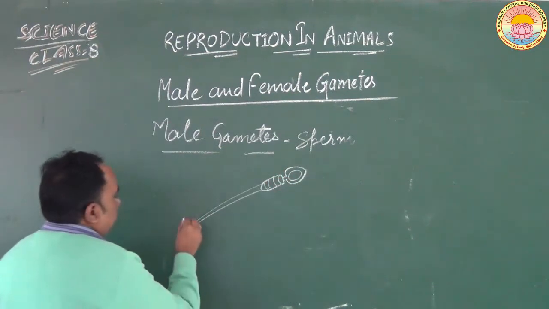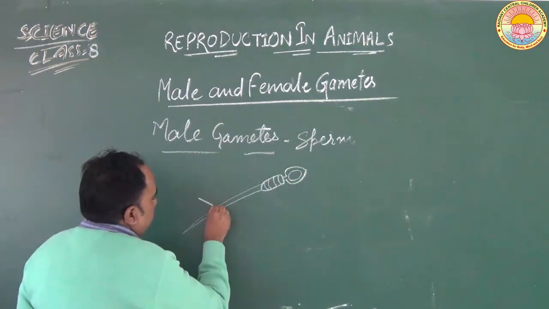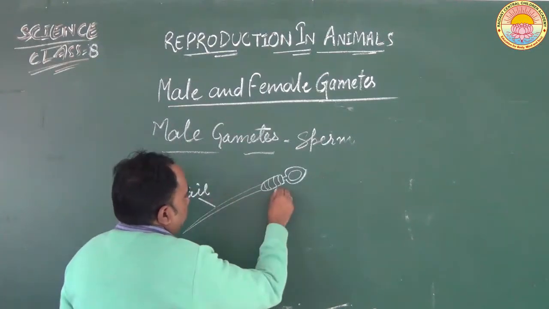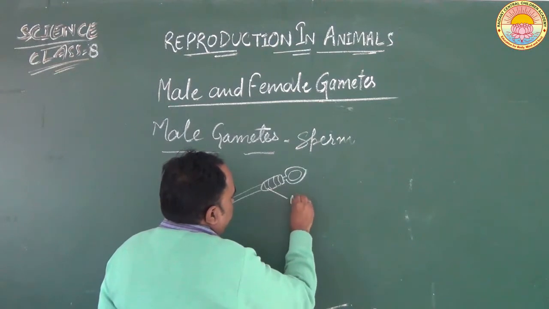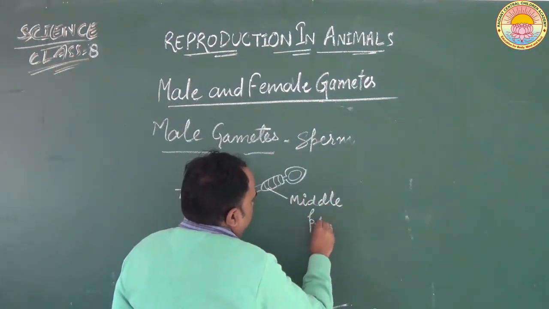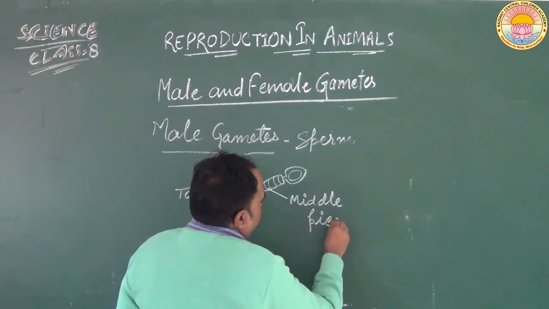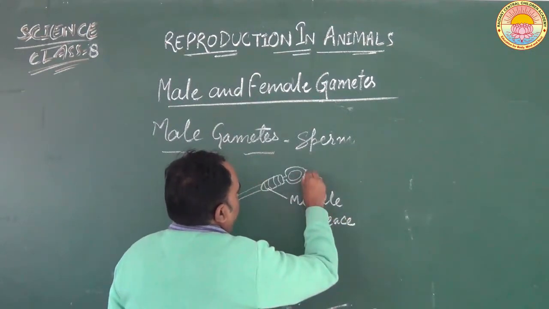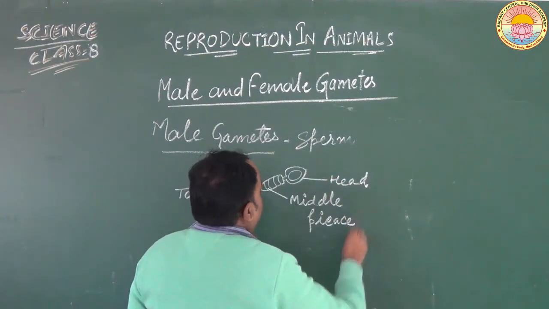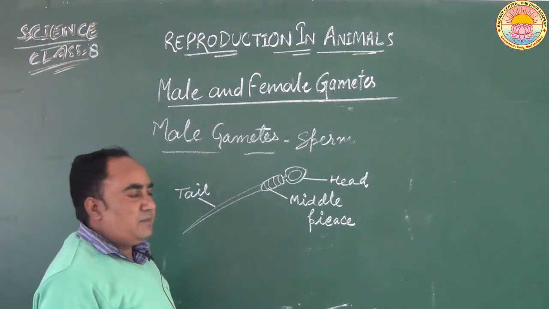Male sperm have three main parts. First one is the tail. This is called the middle piece. And this is called the head. These are very important parts.